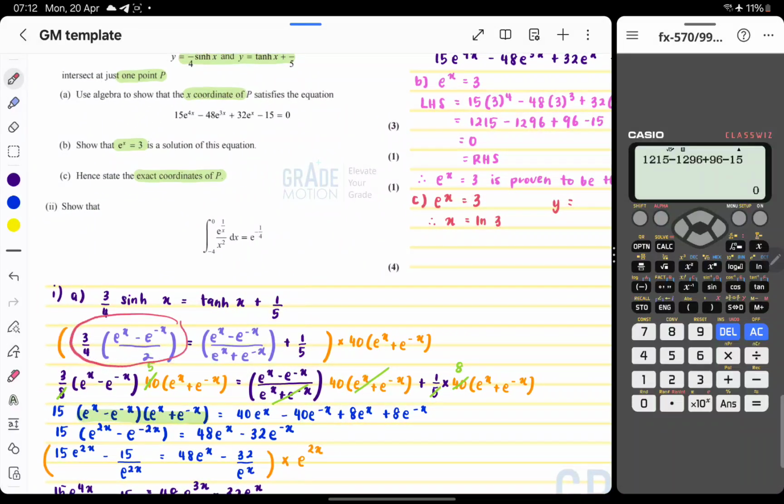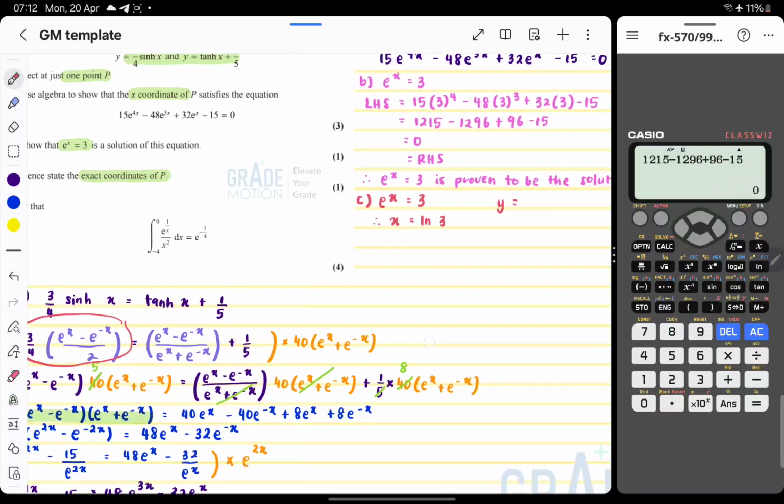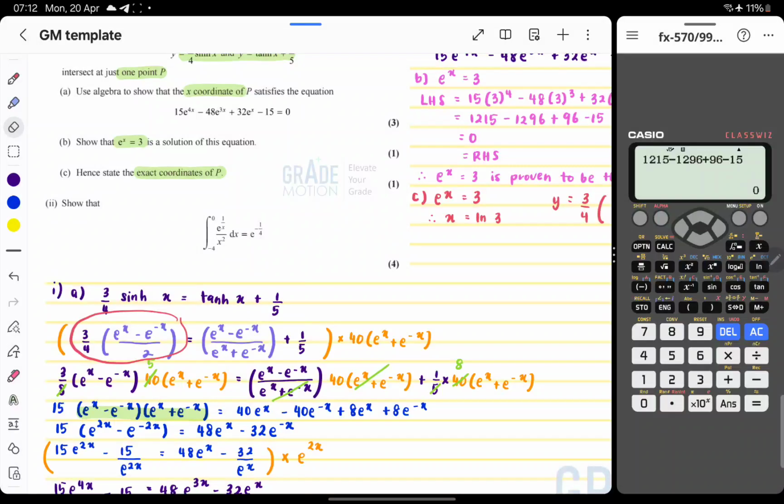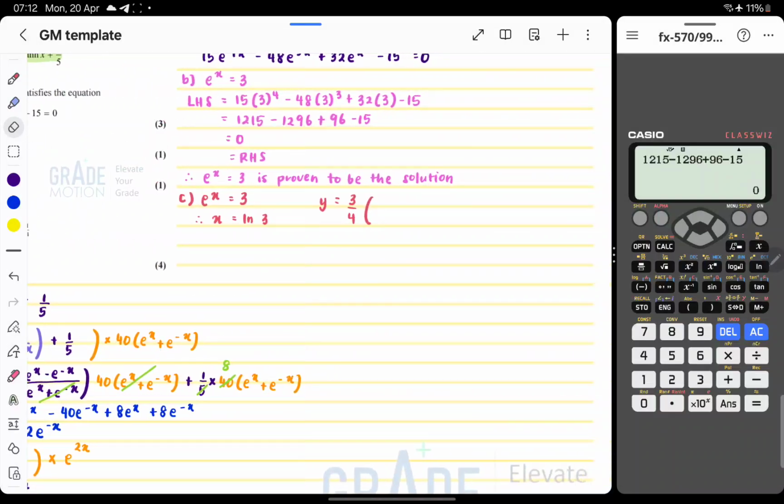Let's take this one. This one is already expanded. So 3 over 4 bracket, e^x minus e^(negative x) over 2. So this is equal to 3 over 4 times 3 minus 1 over 3, over 2.